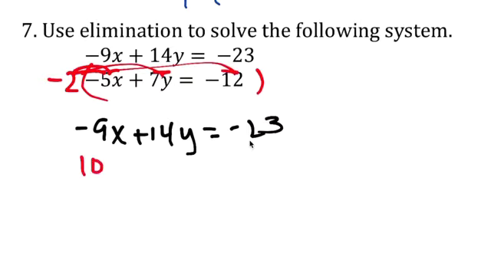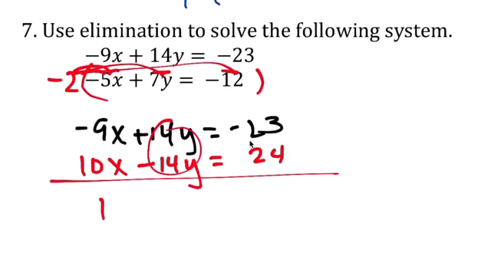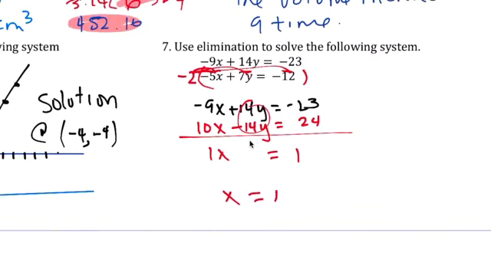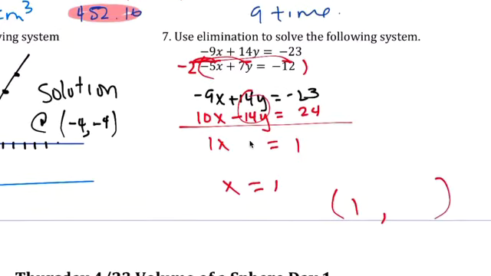So you get positive 10x minus 14y equals a positive 24. That gets you 0, 1x equals 1, so x is equal to 1. So you got 1 and where they meet at.